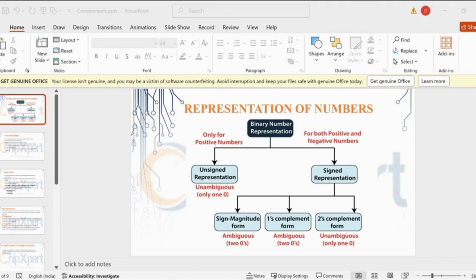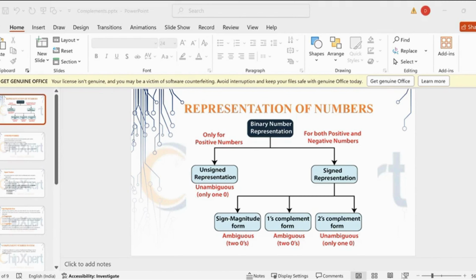If I have an octal number, I'm going to use seven's complement and eight's complement. If I have a decimal number, I'm going to represent it with 9's complement and 10's complement. If I have a negative hexadecimal number, I can represent it in 16's complement and 15's complement.